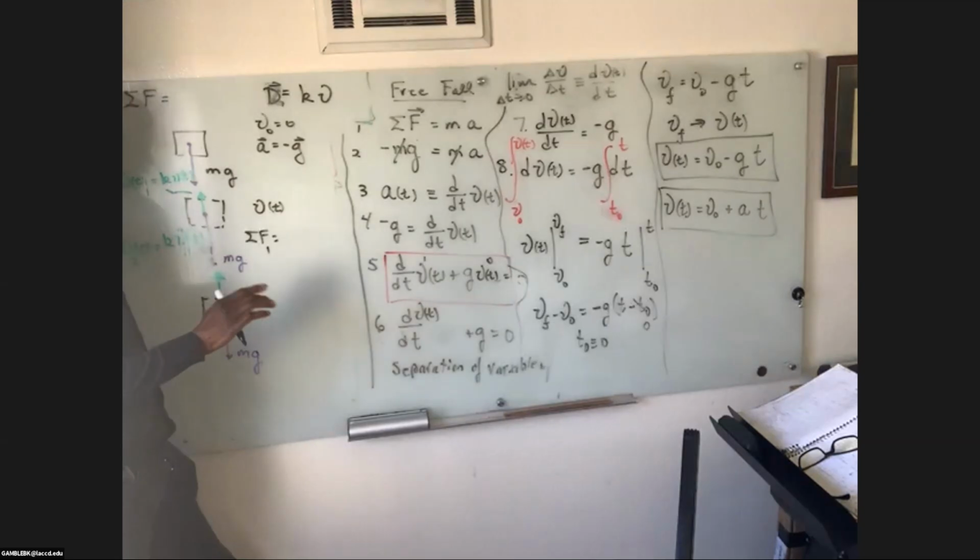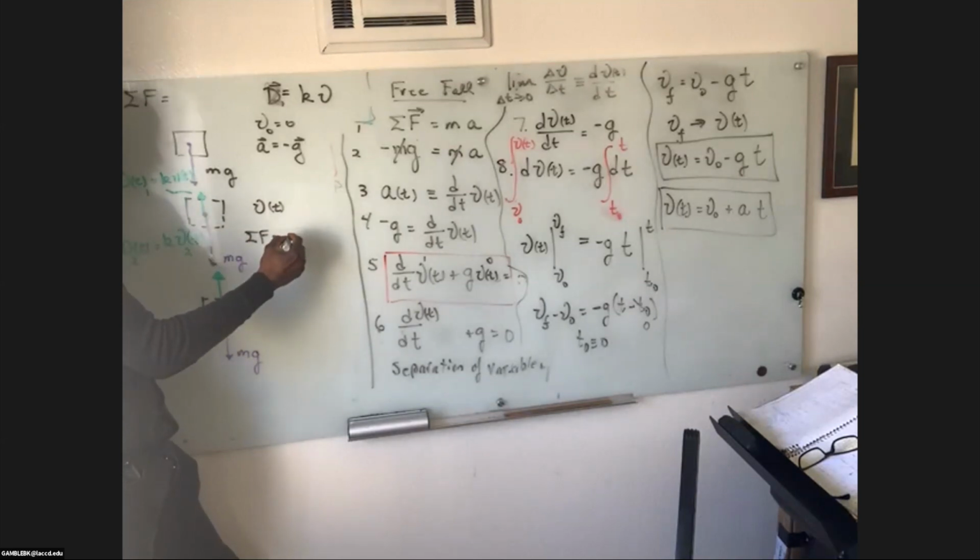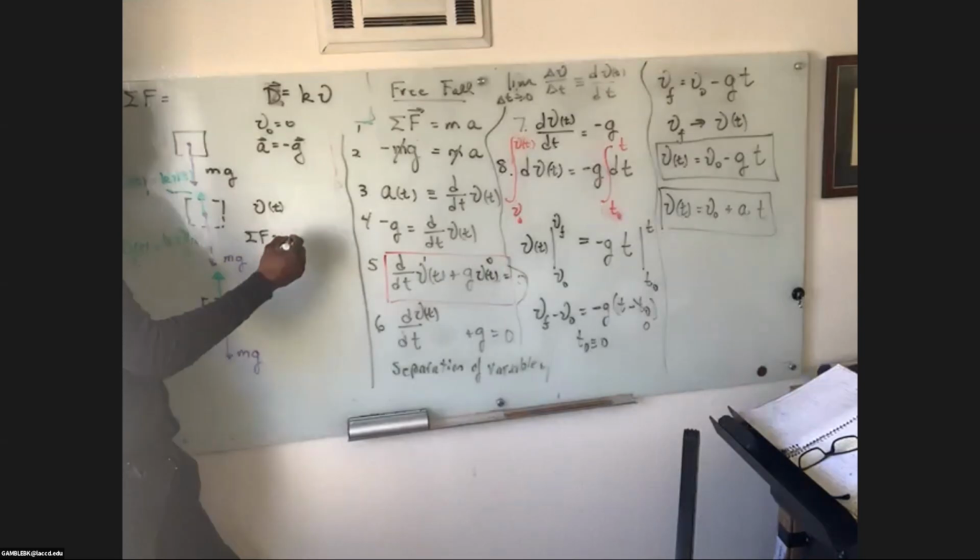You're overthinking it. I've got two forces. One is mg, pointing down. One is d of t, pointing up. How do I write that if I'm trying to add them, keeping in consideration their directions? Mg minus d? Well, down is negative and up is positive.